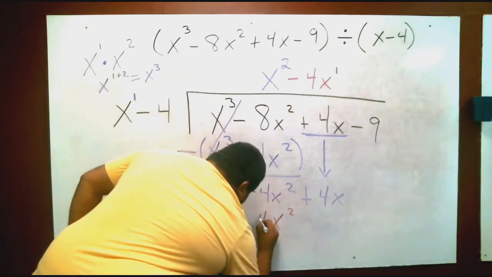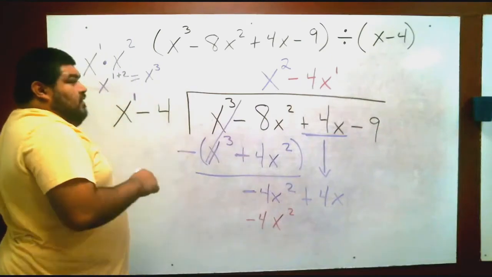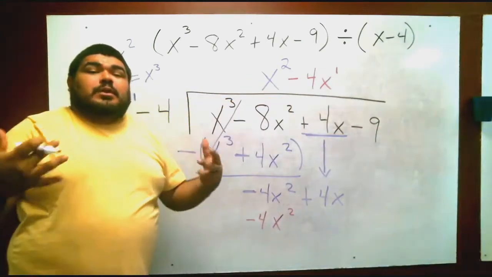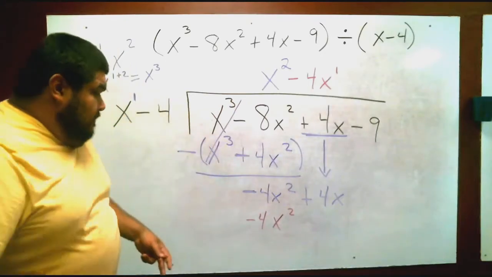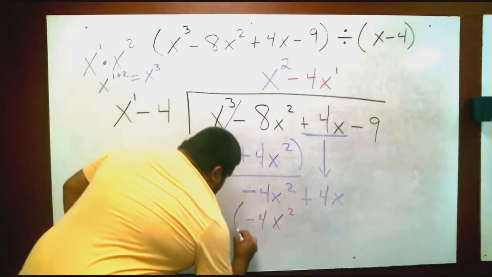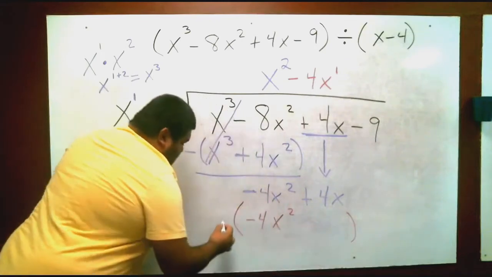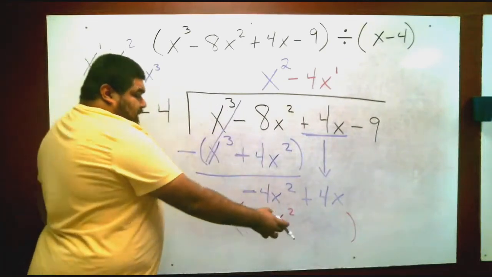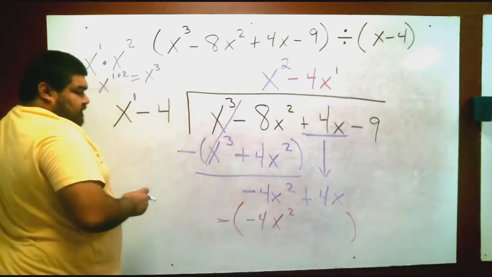And you have 4 negative. Okay? You might ask yourself, how come the first one's positive, the second one's negative? The reason why is because, again, we're going to put parentheses. I'm going to put a negative.